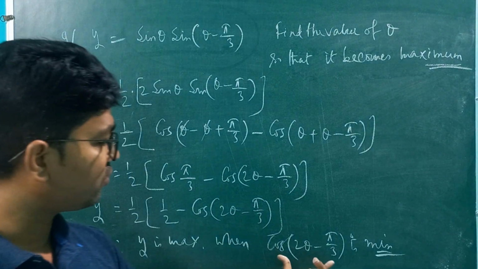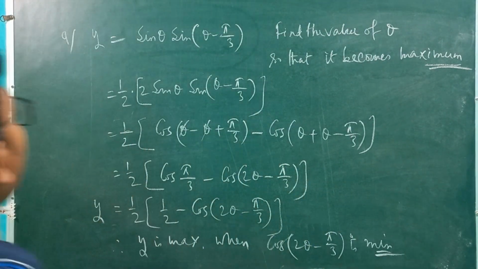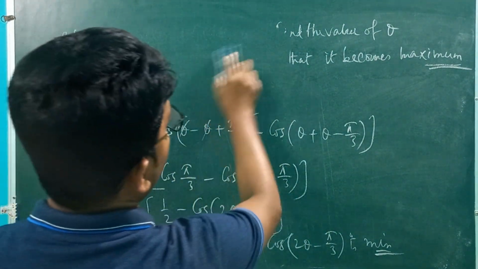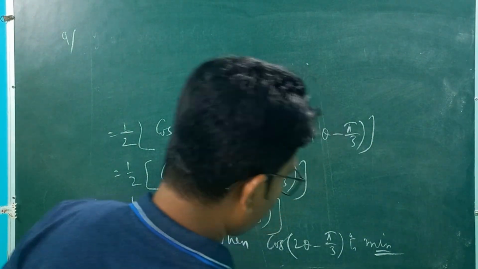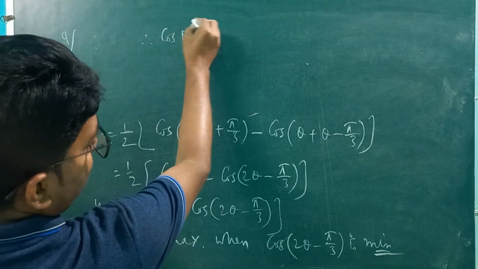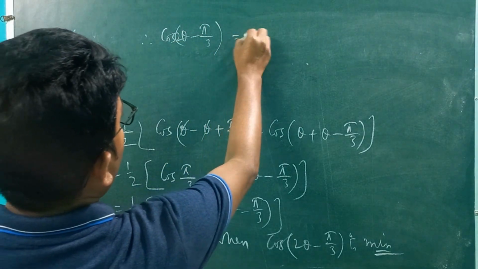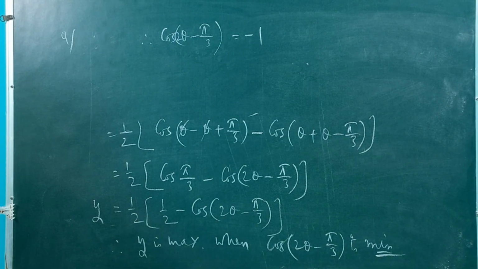Now as this one is cos, we know its minimum value is minus 1. So what is the minimum value of this one? This one is minus 1. Therefore cos of 2 theta minus pi by 3 should be minus 1, its minimum value.